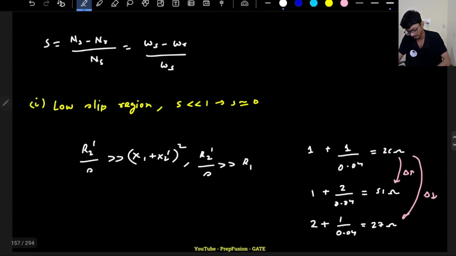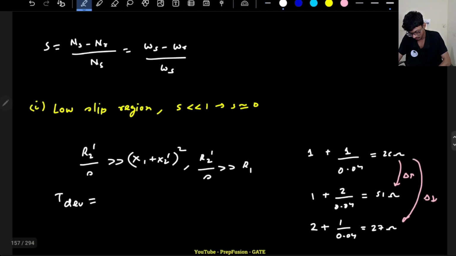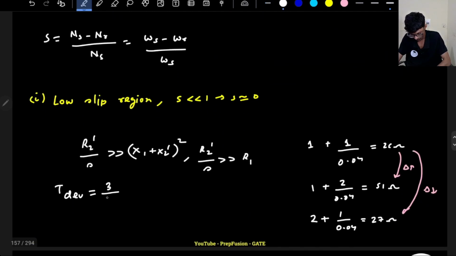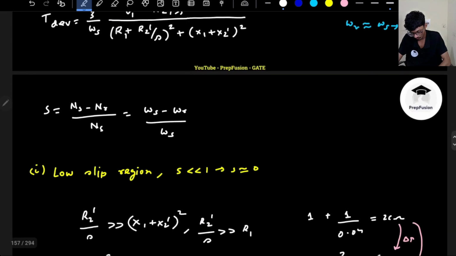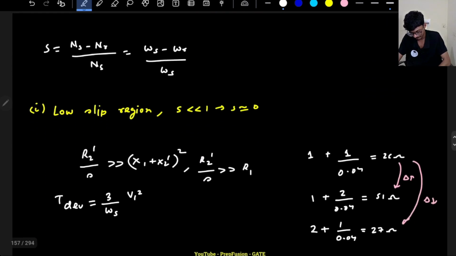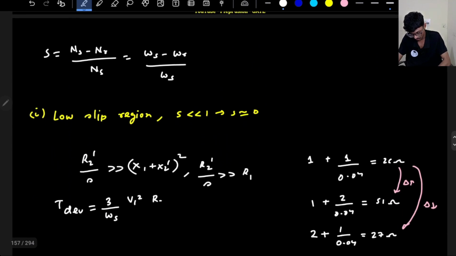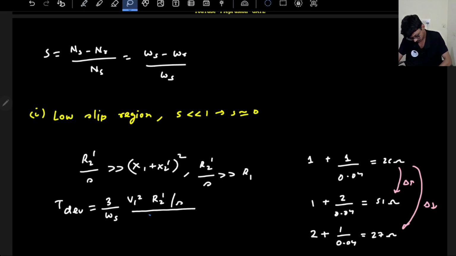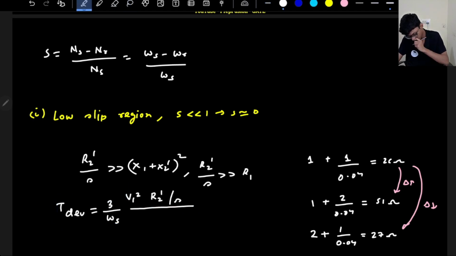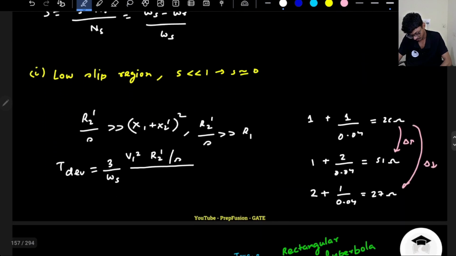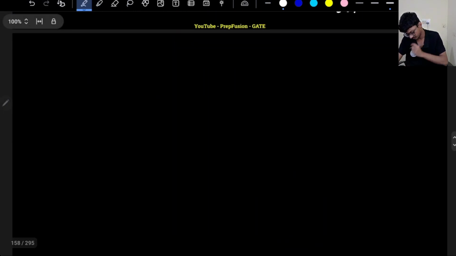So roughly in the low slip region, the developed torque comes out to be 3 by omega s into V1 whole square into R2 dash divided by s, divided by R2 dash divided by s whole square.